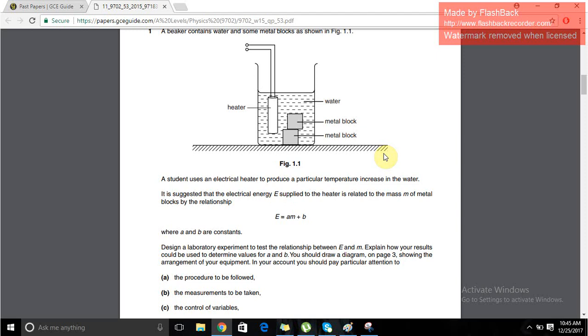And the material of the metal block should similarly be constant. So if initially we're placing a copper block of a particular purity, when you choose to increase the mass by adding another metal block of whatever value of M, it needs to be of copper of similar purity. Get it?